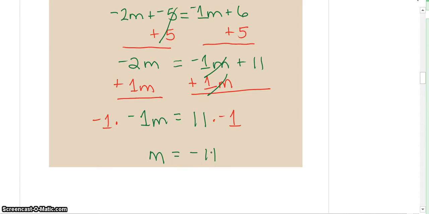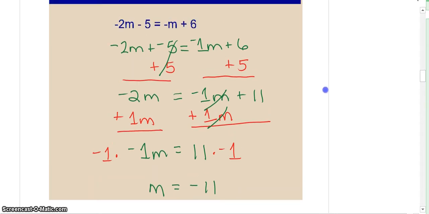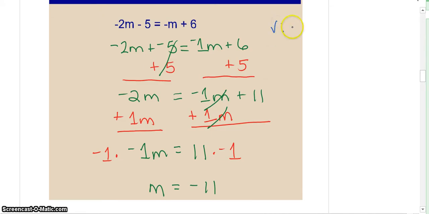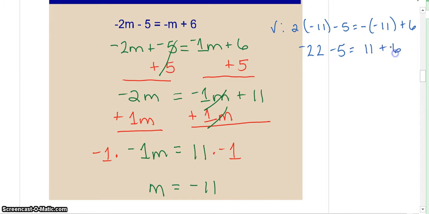As always, you can do a check step to make sure that you are correct by substituting your answer back into the original equation. So I have 2 times negative 11 minus 5 equals the opposite of negative 11 plus 6. So that's negative 22 minus 5 equals 11 plus 6.